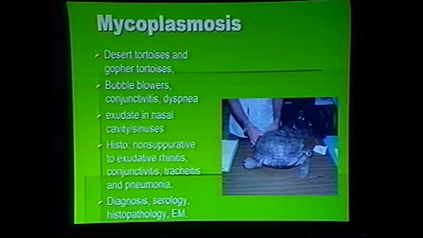Diagnosis can be by serology, histopathology, and electron microscopy. PCR is also used now for the diagnosis. The typical gross presentation of mycoplasmosis in a tortoise is that of unilateral or bilateral nasal exudate and sometimes nasal bubbles, as seen here.